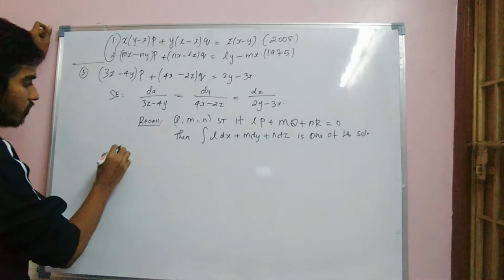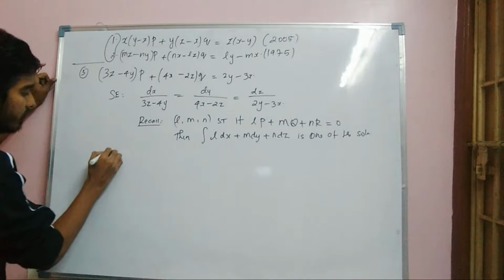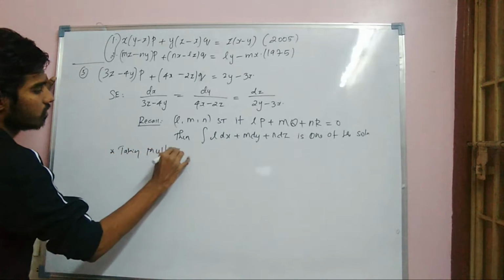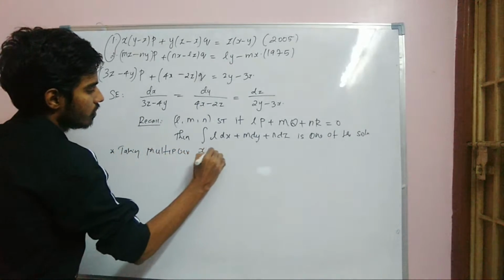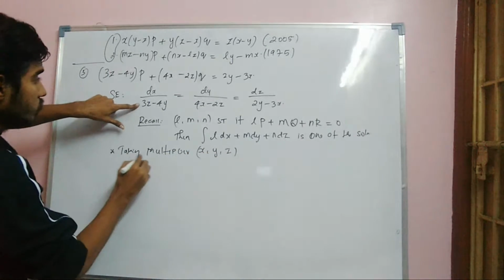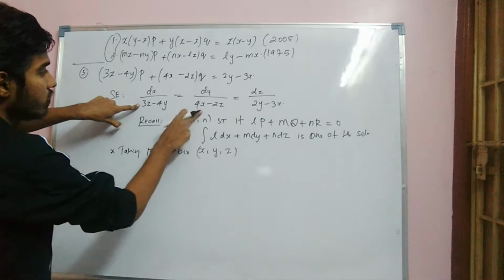So you can see, if I take the multiplier x comma y comma z, this will become 0. Why?